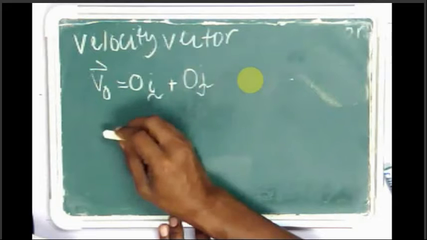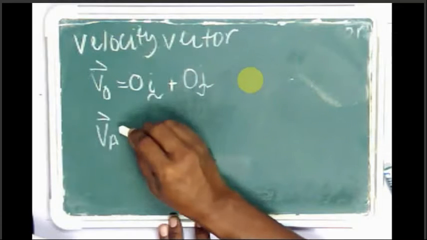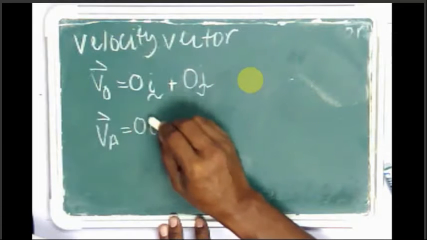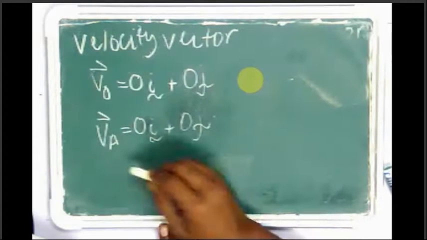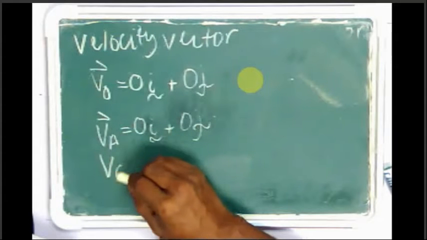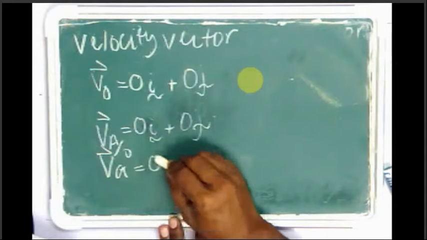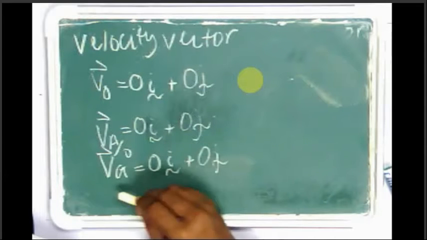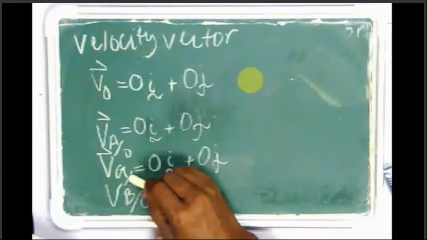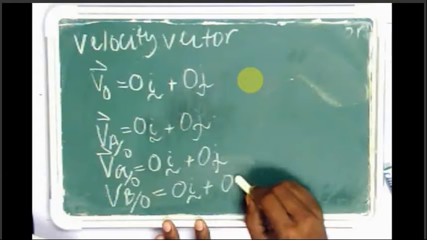And then similarly the velocity of A will be equal to 0i plus 0j, and for V at the mass center, this one is also 0i plus 0j, and for V B the absolute value will be 0i plus 0j.